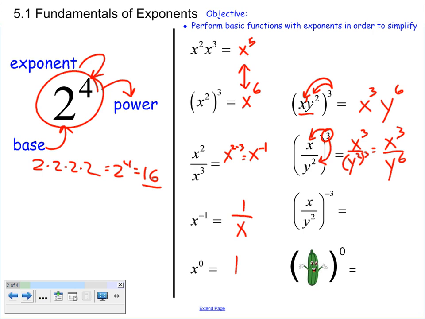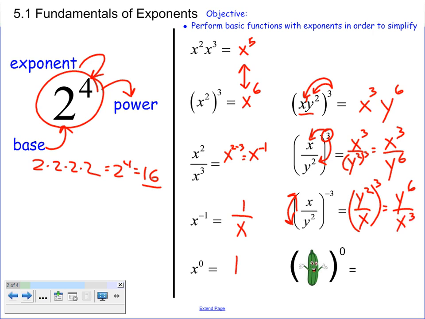And you go ahead and simplify like you would before. If you have a negative exponent raised to a whole fraction, it tells you to switch the numerator and denominator. So I'm just going to flip the whole fraction. So I'm just going to interchange the numerator and denominator. So we really have y squared over x raised to the positive 3rd power, which is simply y to the 6 over x cubed. Okay.